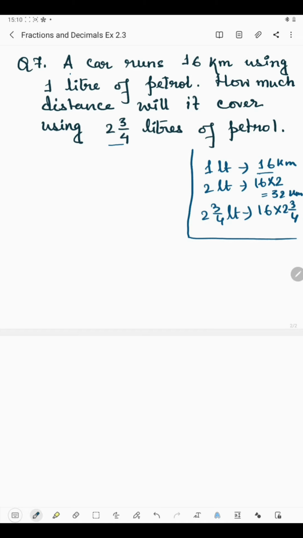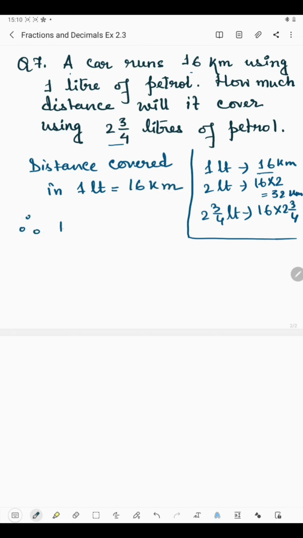So let's start. So a car runs 16 km using 1 liter of petrol. So distance covered in 1 liter, it's 16 km, right?